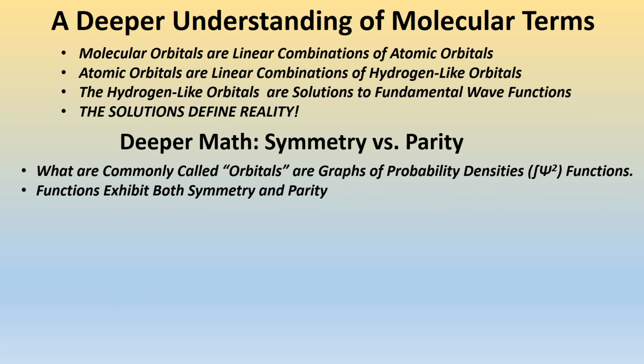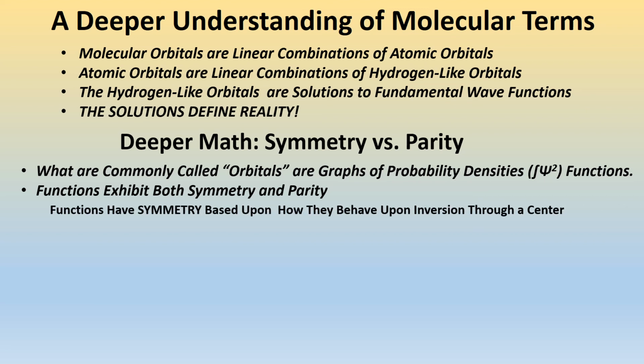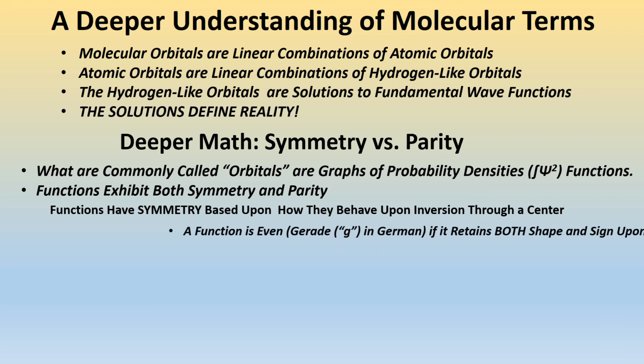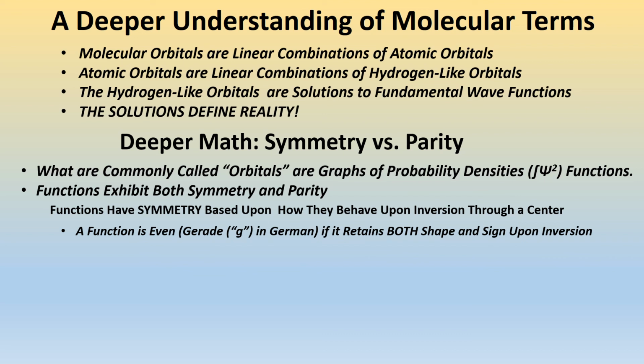Functions have symmetry based on how they behave upon inversion through a center. A function is even, or gerade in German, symbolized by a g, if it retains both its shape and its sign upon inversion. A function is odd, ungerade in German, symbolized by a lowercase u, if it retains shape but not sign upon inversion. Symmetry is a binary option. Something is either symmetric or asymmetric.